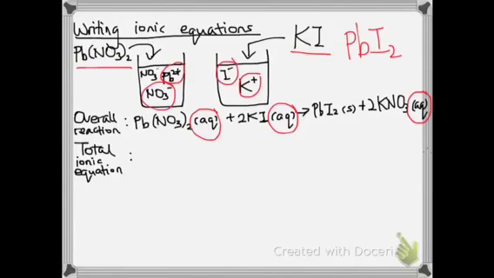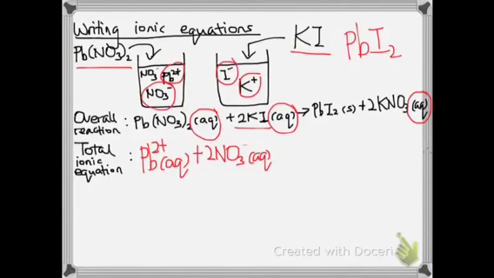What do I mean? So let's take a look at lead-2 nitrate. Lead-2 nitrate consists of Pb2+ ions in the aqueous state and 2 nitrate ions also in the aqueous state. Right?